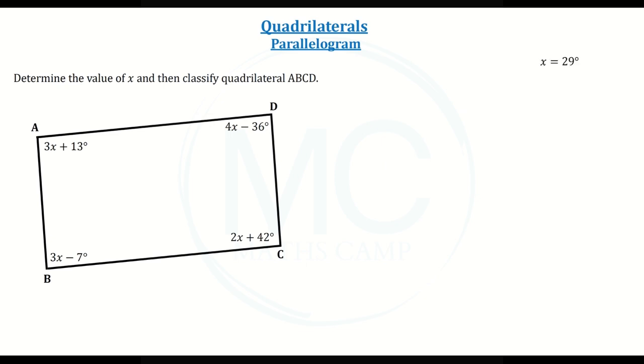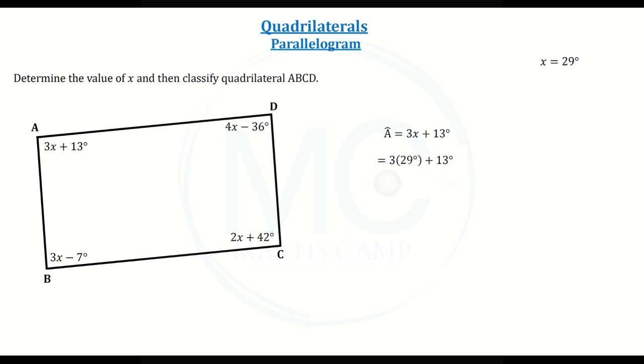Now let's start by finding angle A. So we can say angle A is equal to 3x plus 13 degrees. We know that x is 29, so we can say 3 multiplied by 29 degrees plus 13 degrees.